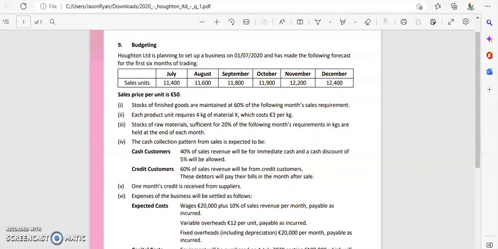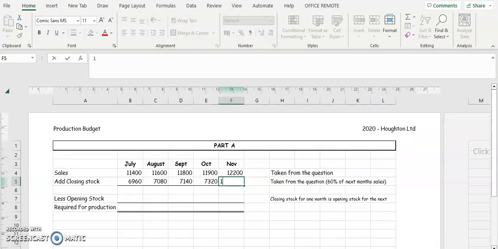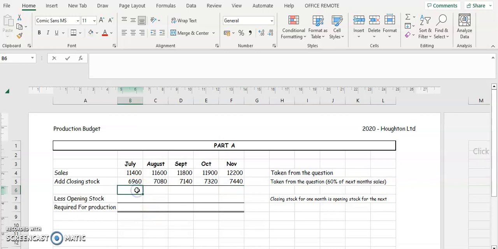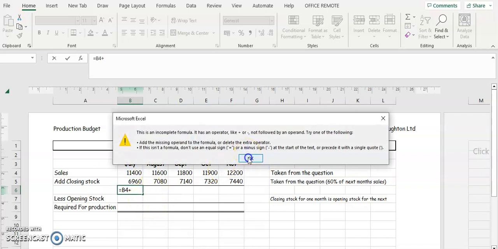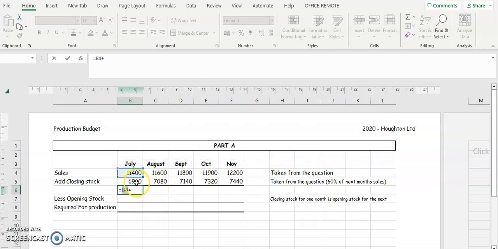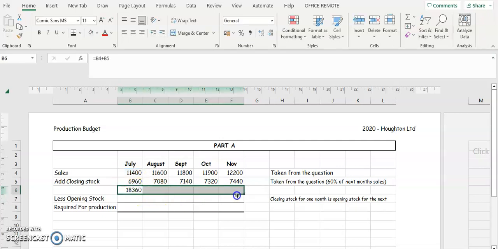So 12,400. Okay, so we're going to add these on because this is what we finished with at the end of the month. These are our finished products at the end of the month. So we just add those up, and that's going to give us our total.